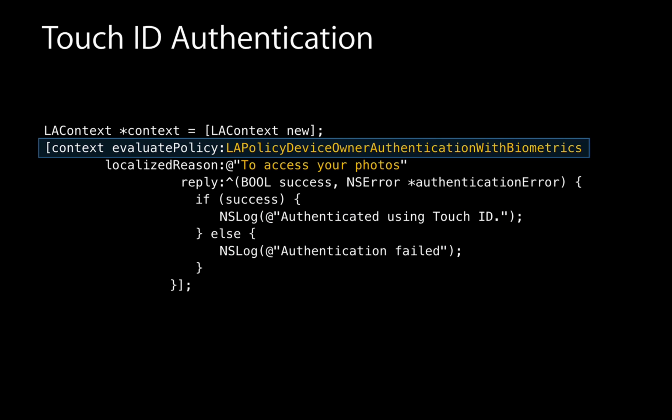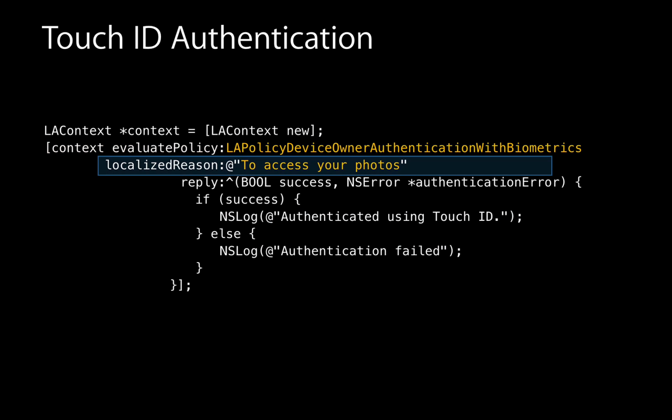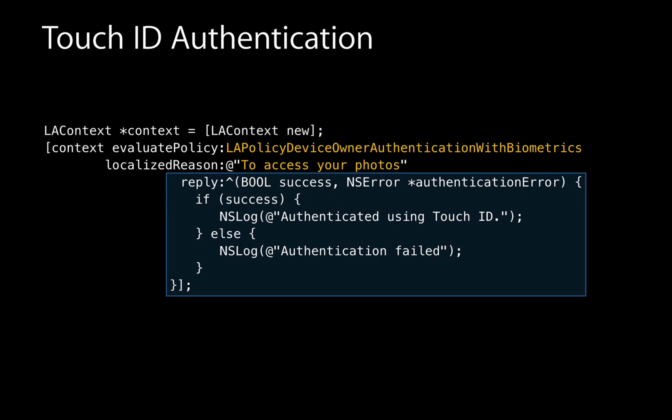To call evaluatePolicy, you need two things. First of all, you need to specify the policy, that's clear. But you also have to specify your localized reason. And in this case, this is really mandatory. We do not accept any nil or empty string here, because we want the user to know not only what application is calling this operation, but also why. And the result is then returned in a simple reply block.